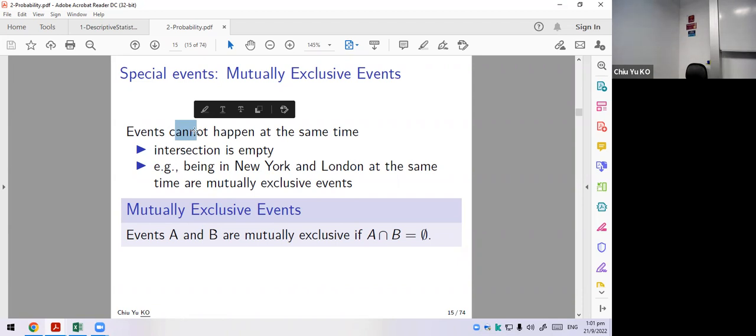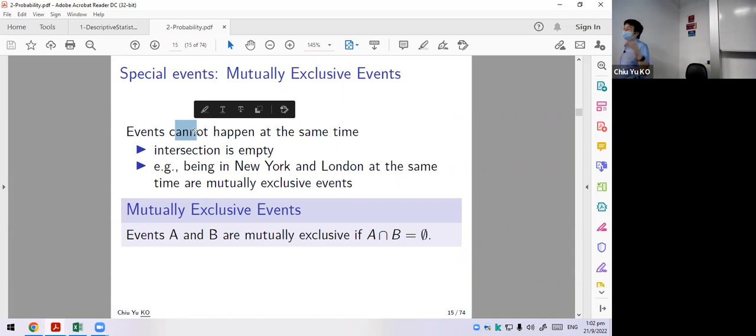An example would be if you are in New York, you can't be in London. Or if you are in New Territories, you cannot be in Kowloon or Hong Kong. But do note that it does not imply one of them will happen, because you may not be in New Territories. New Territories and Kowloon are mutually exclusive.